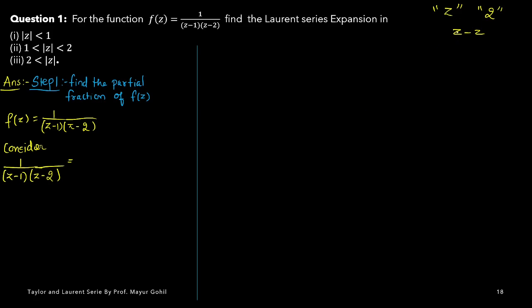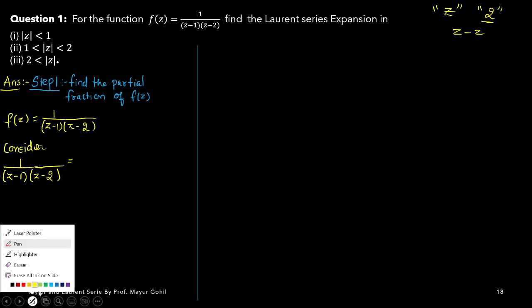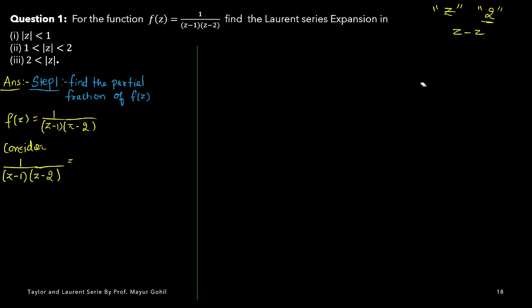So if your writing style is not so good, please use this kind of 2 and z, or you can cut your z in this way. This is very crucial because later on you may not remember what you have written. So please write it very clearly for your teacher to evaluate your answer.